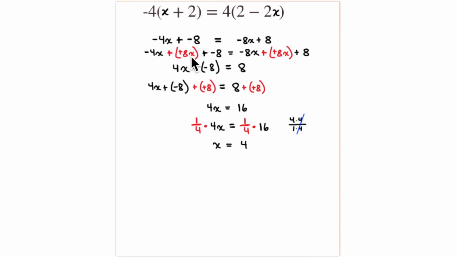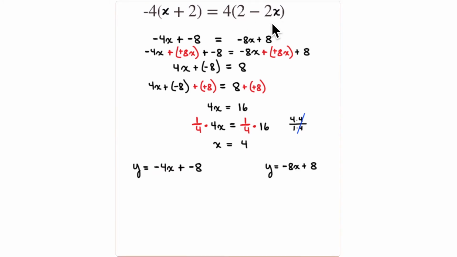All right, so we solve the equation for x equals 4, and then we want to test, in essence, what's the y value for this side? So y equals, if x is equal to 4, what does y equal? And if x equals 4 on this side, what does y equal? And y has to, remember, be the same thing.